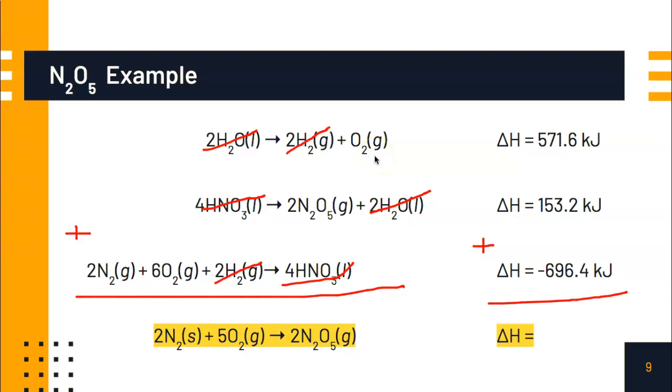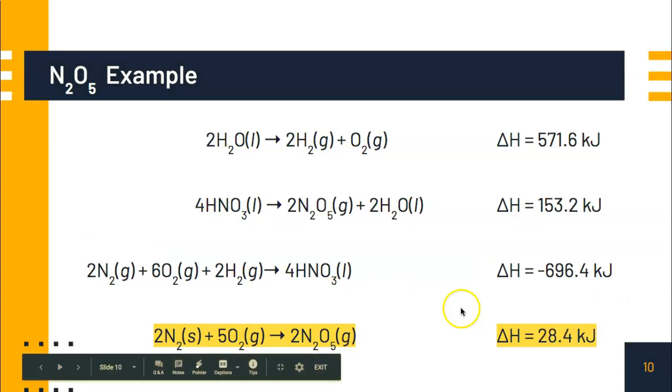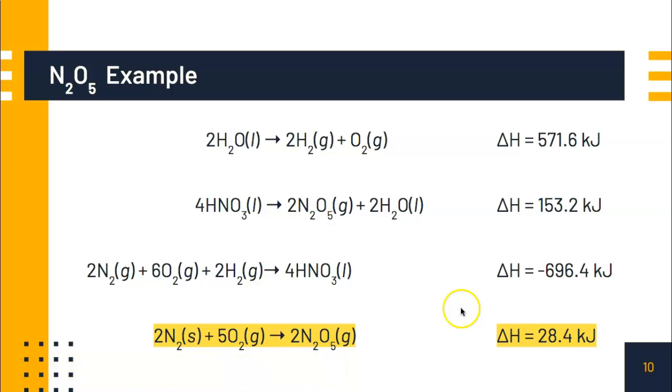So I will cancel one of these reactant oxygens for a total of 5, which means we have the appropriate resulting equation. That means that we can add all of these together and we will come up with our appropriate enthalpy change of 28.4 kilojoules. I hope all of that was very clear.